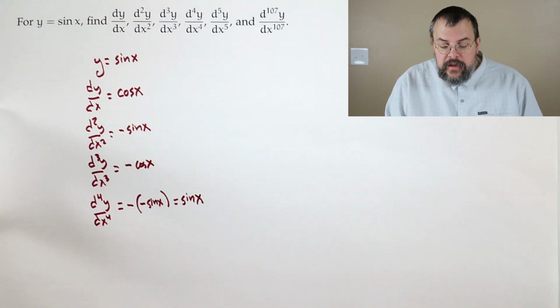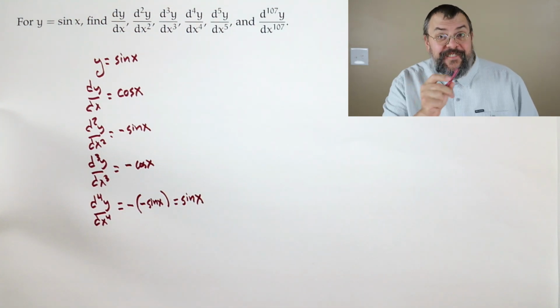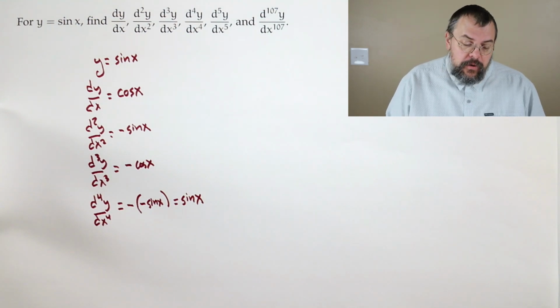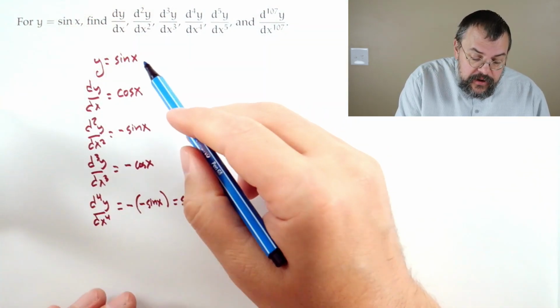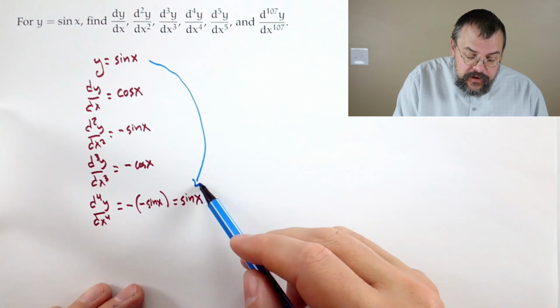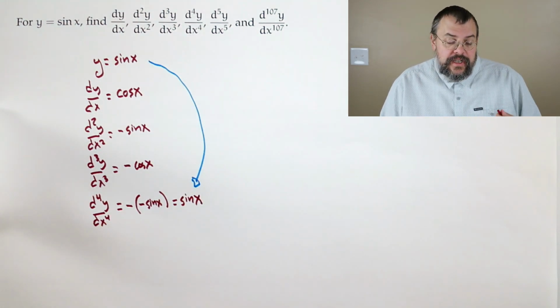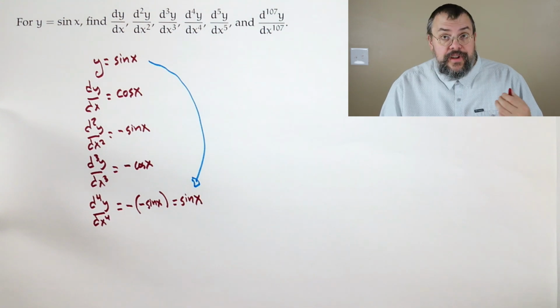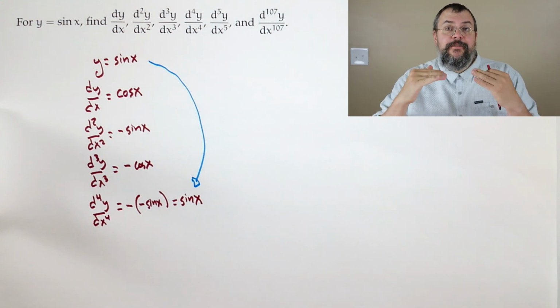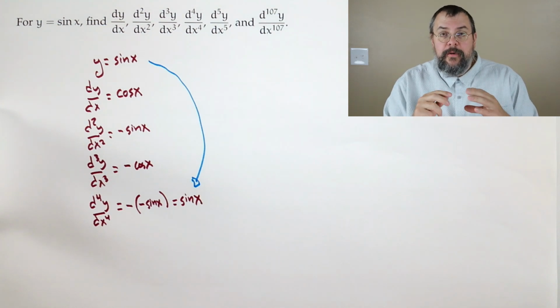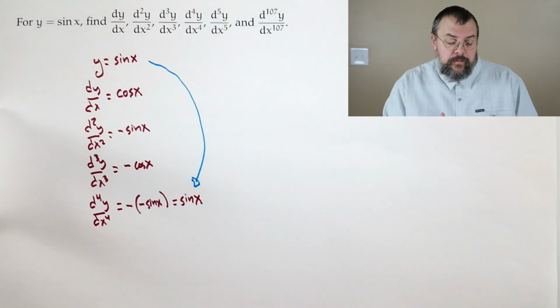And now you might be saying, we've definitely seen that before. And what do we mean? Well, look, if I start with the sine and I take 4 derivatives, I'm back to sine again. So it seems to be the case, because it is the case, that taking 4 derivatives returns us back to where we started if I'm working with the function sine x.